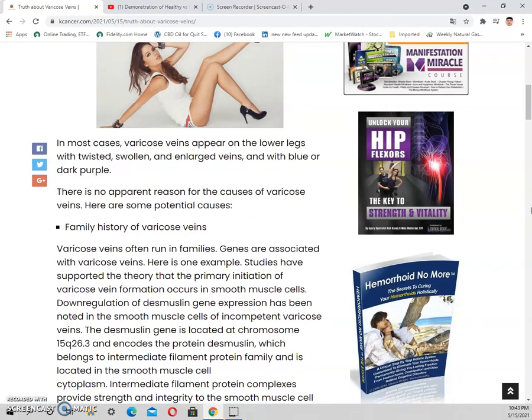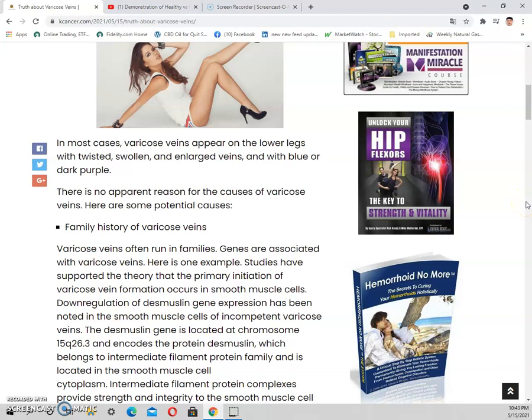It's related to the genes you have. We know varicose veins often run in families, and if your parents have varicose veins, your chance of having them increases significantly, because you get genes from your parents, and those genes are related to the physiology of the blood vessels.